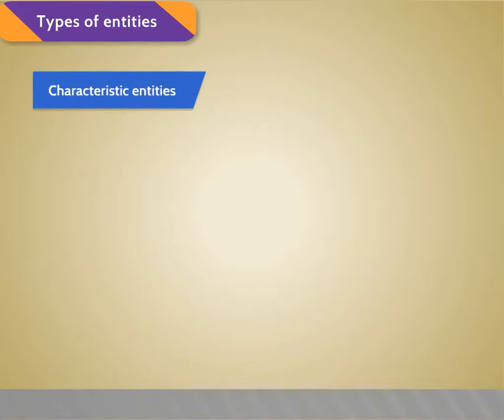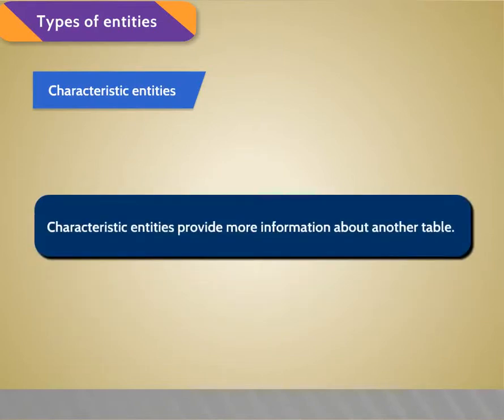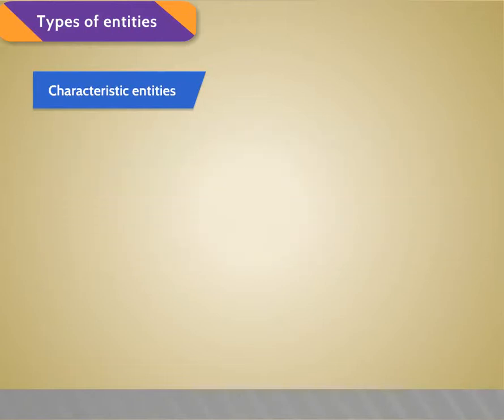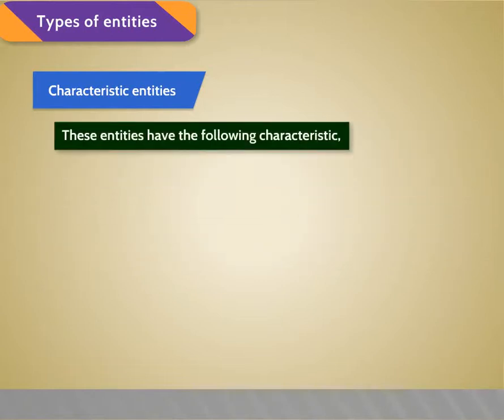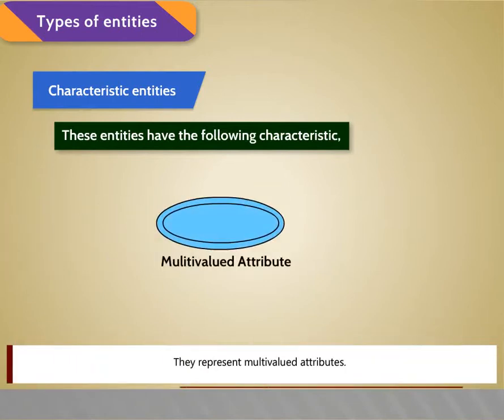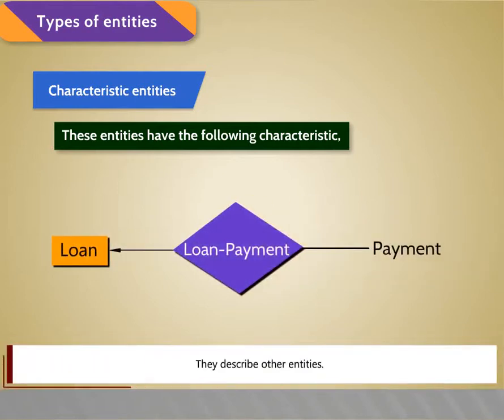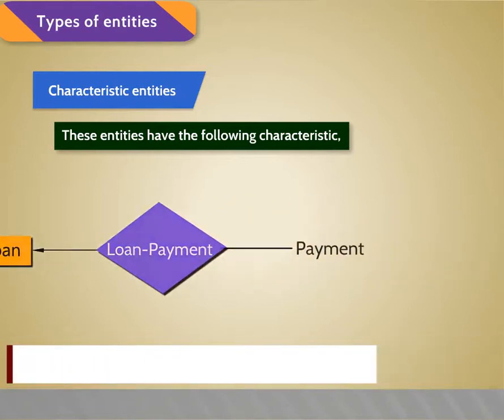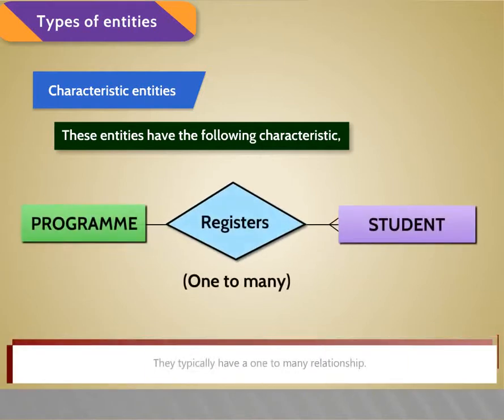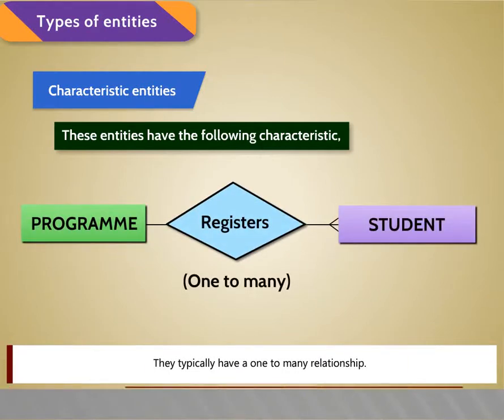Characteristic entities. Characteristic entities provide more information about another table. These entities have the following characteristics. They represent multivalued attributes. They describe other entities. They typically have a one-to-many relationship.